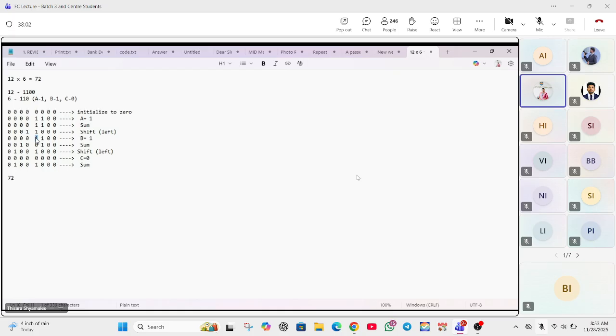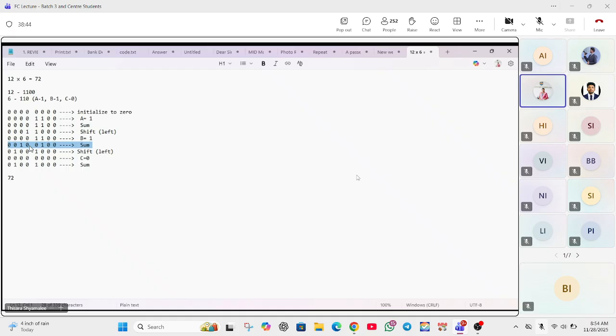Since it is 1 0, we keep the 0 here and move the remaining 1 to this place. Then here there is an existing 1 plus that previous 1, 1 plus 1, again 0, so you put the 0 here and the remaining 1 comes here. Then 1 plus 0 is 1. That is the summation, and you will get the answer like this.